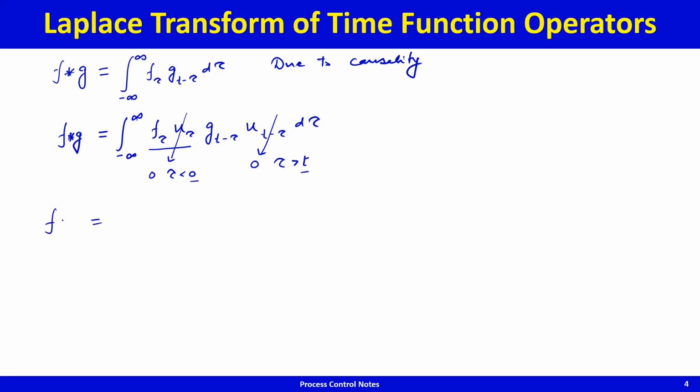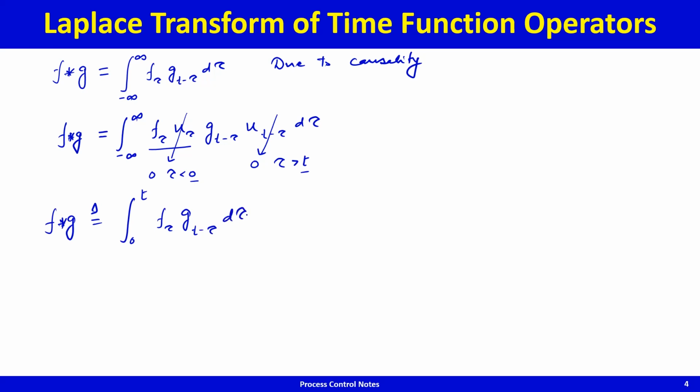So for control purposes, f convolution g by definition, for causal realistic cause and effect systems, is going to be integral from 0 to t f of tau times g of t minus tau d tau.